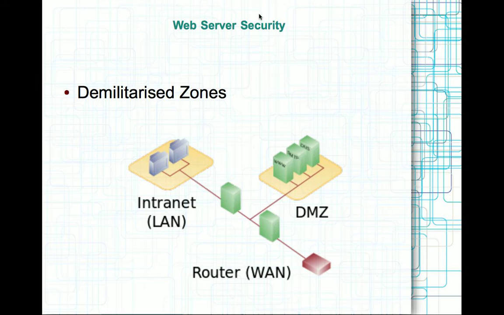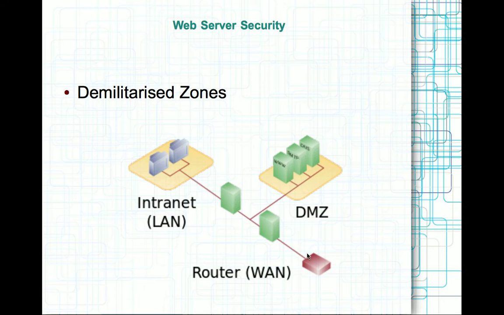What we can see here is the architecture of a demilitarized zone. On the left we have the internet used by business, for instance.